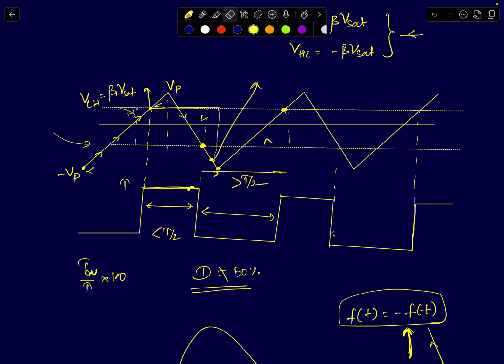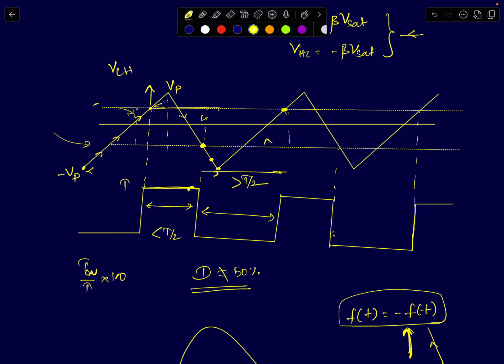Okay, I'm taking one simple example here of having asymmetric threshold voltages. So just look at it this way. This is the point where you have set your low to high threshold voltage. Now move T by 2 seconds away from that point.